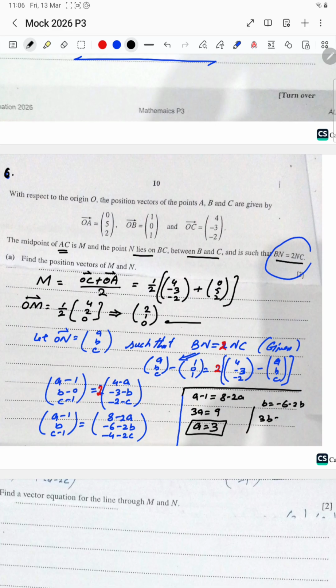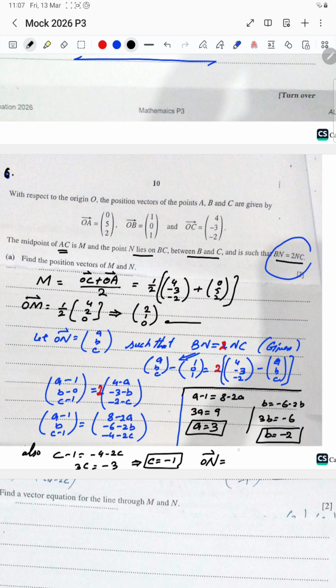So 3b is equal to minus 6, b is equal to minus 2. And finally for c, c minus 1 is equal to minus 4 minus 2c. 3c is equal to minus 3, c is equal to minus 1.